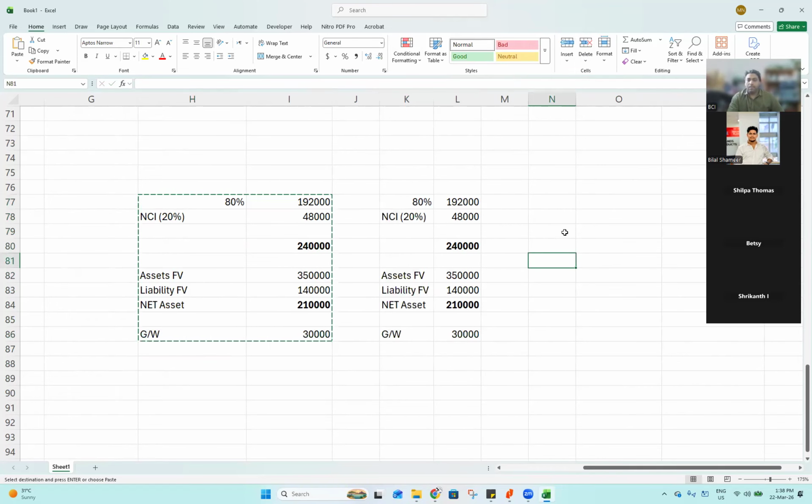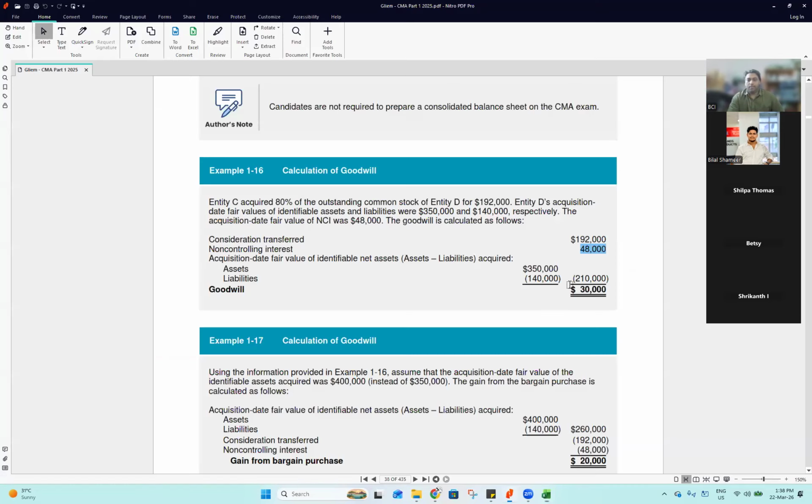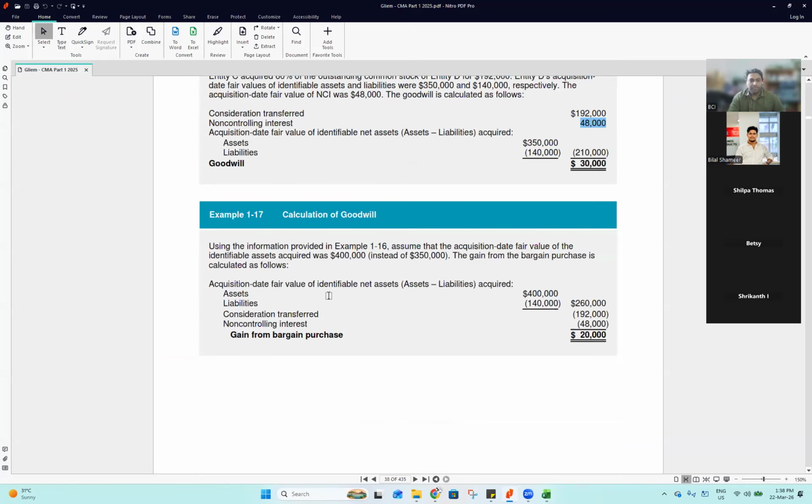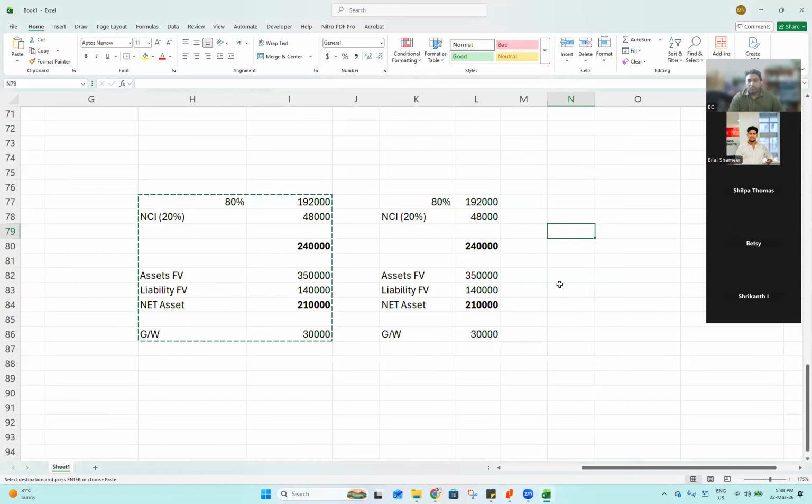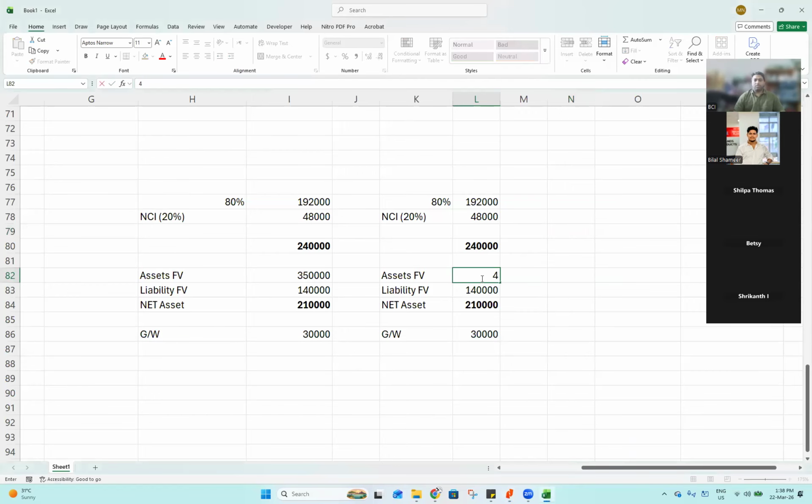Okay, now going forward, next example. Using the information, assume that the acquisition date fair value of the assets acquired was 400,000 instead of 350,000. What if the assets value was 400,000? Then what happens?